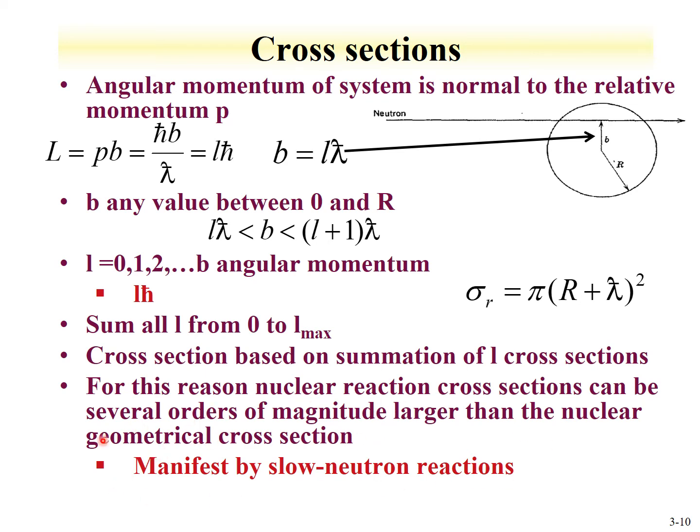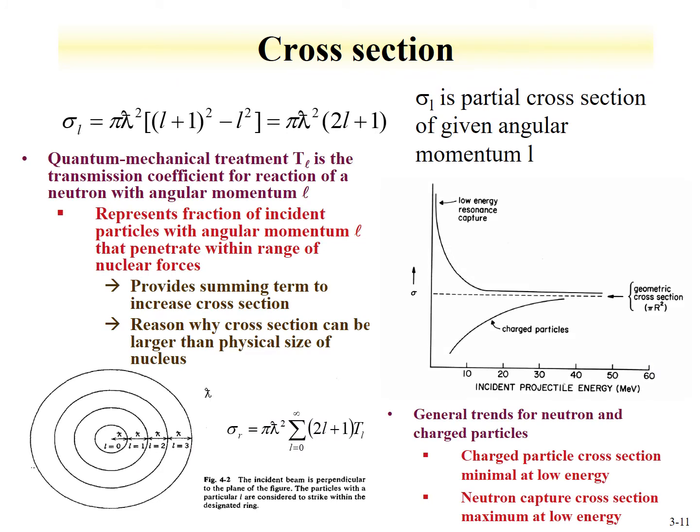And this is really manifest by slow neutron reactions. Some of the details that we just discussed are listed here, where the cross-section for any angular momentum can be derived from this equation.